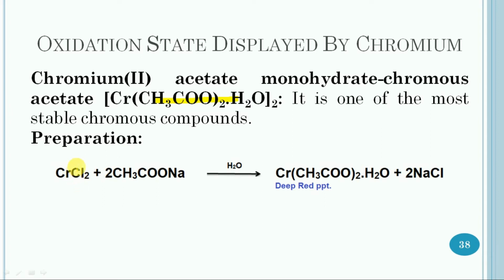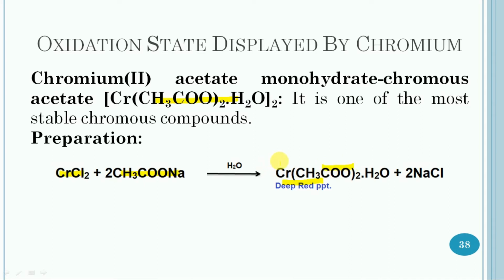Let us consider its preparation. When a saturated solution of sodium acetate is added to a sky blue solution of chromous chloride, double decomposition takes place and a deep red colored precipitate of chromous acetate monohydrate is obtained with this formula.